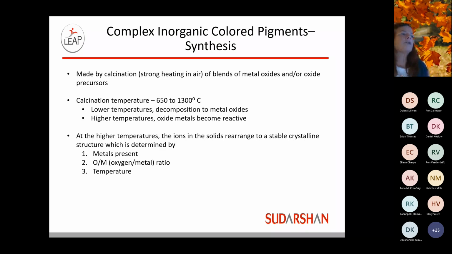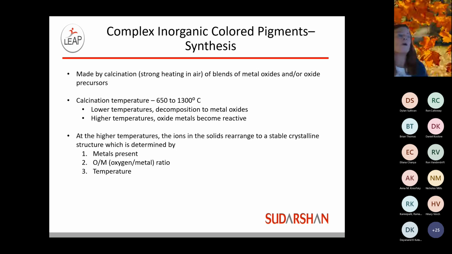At these higher temperatures, as I mentioned, the solids then begin to rearrange to form that final stable crystal structure. And as I mentioned earlier in the presentation, this structure is always going to be determined by the metals present, and which is then the formulation, if you will, the oxygen to metal ratio.